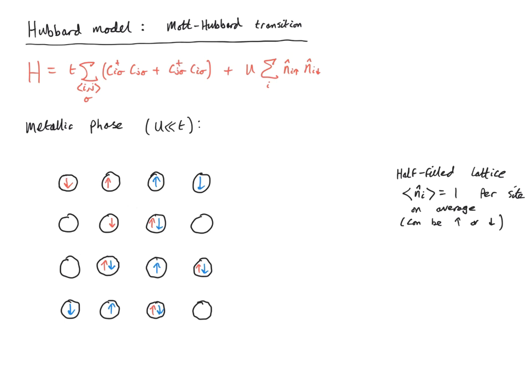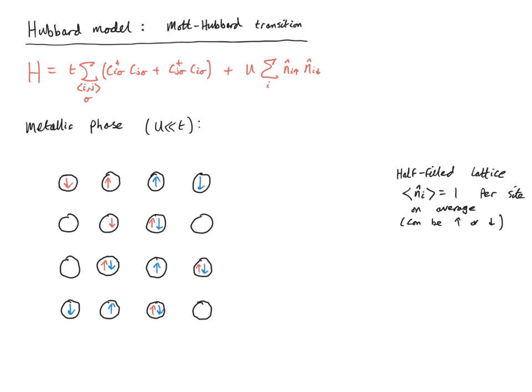Now, the point is that in the metallic phase, when the Coulomb interaction is much less than the tunneling amplitude t, these kinds of processes are favoured because they allow electrons to move around and gain kinetic energy.